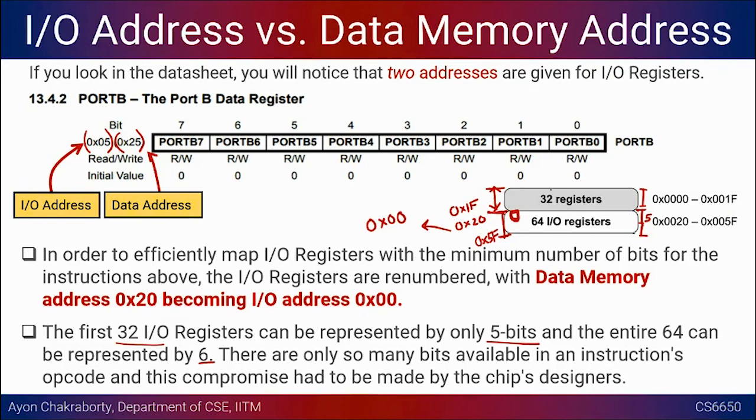But if you don't have this modification, you will require 7 bits, because in all it will run from 0 to 96. But now, since we have subtracted this base by 32 or 0x20, we have to represent not from 0 to 96, but this can be mapped from 0 to 64 because we have shifted the base by 32.